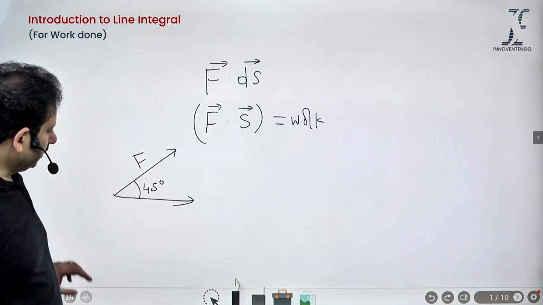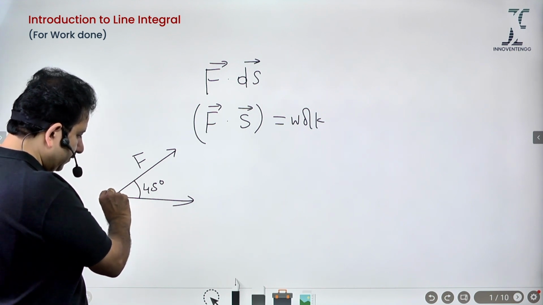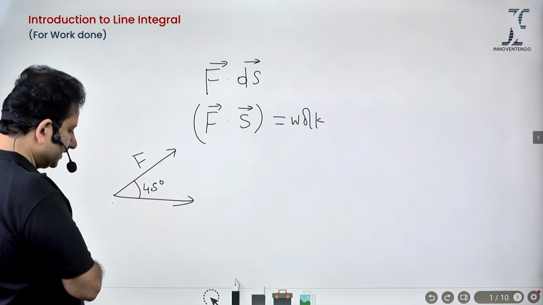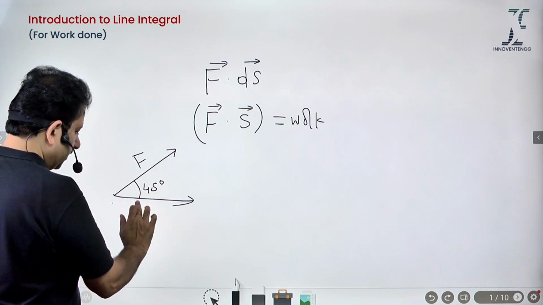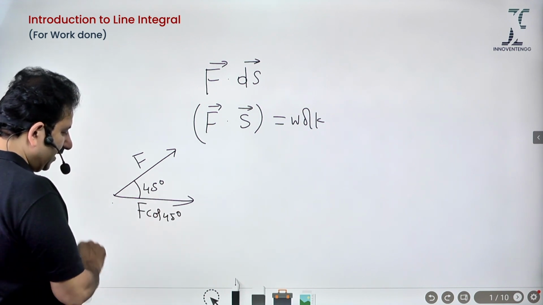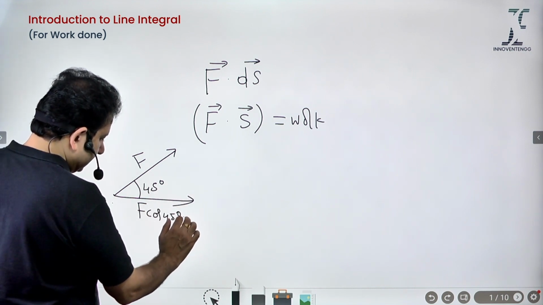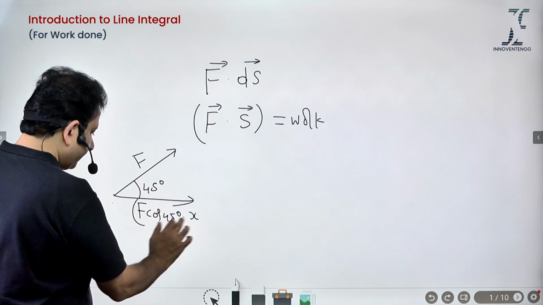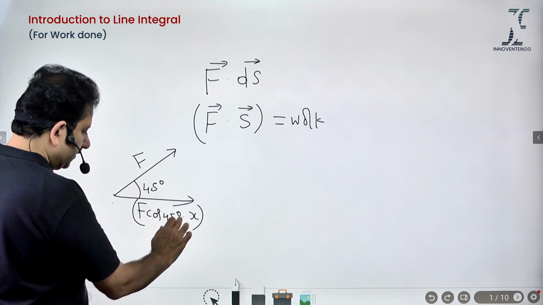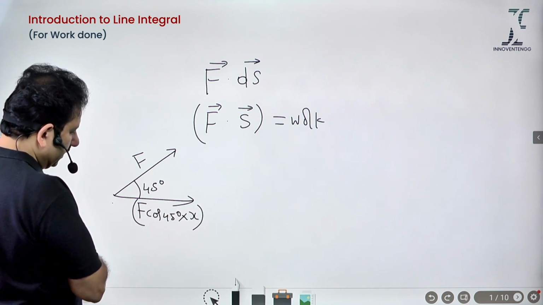What is the component of the force that displaces a mass along this x-axis? It is the component of force which is F cos 45 degrees. And if I displace that mass by a distance, let us say x, then F cos 45 simply multiplied by x, this is basic multiplication, will give you work done.